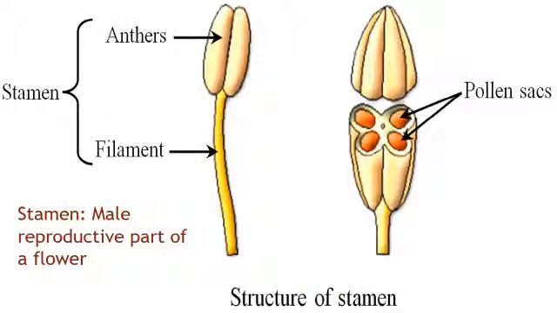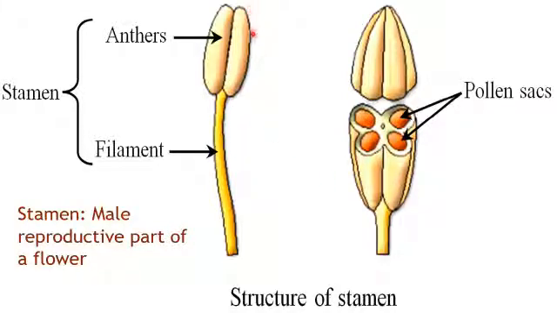Now let us talk about the reproductive parts of a flower. The male reproductive part is the stamen. Stamen is the male reproductive organ of the plant. The stamens produce pollen grains. The stamens are made up of two parts.